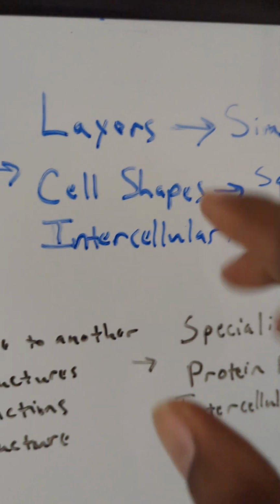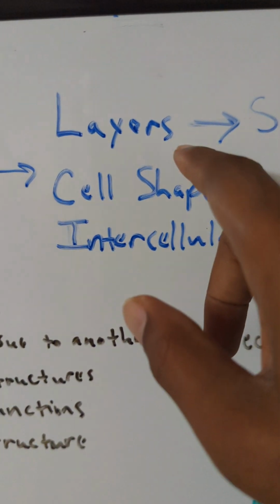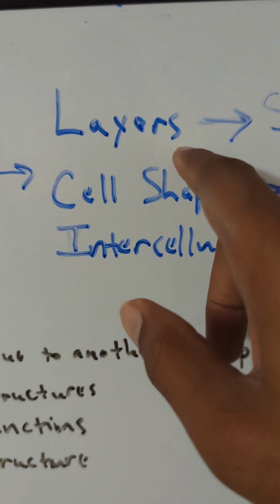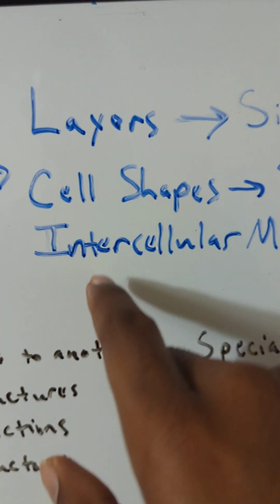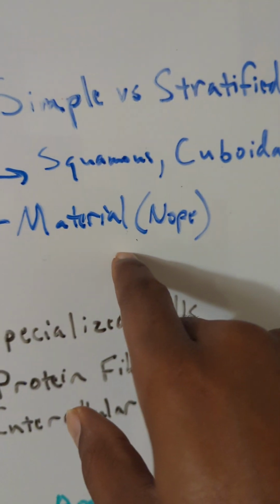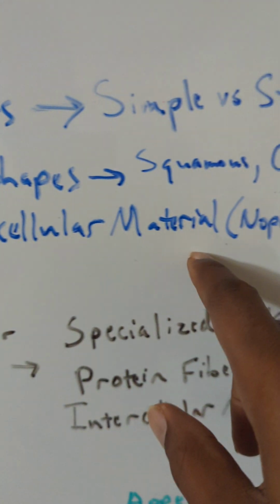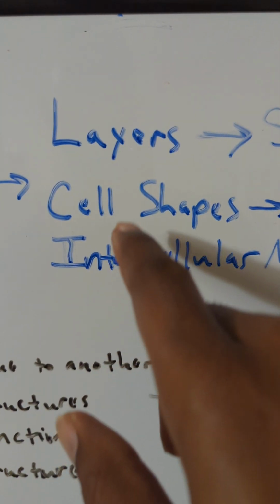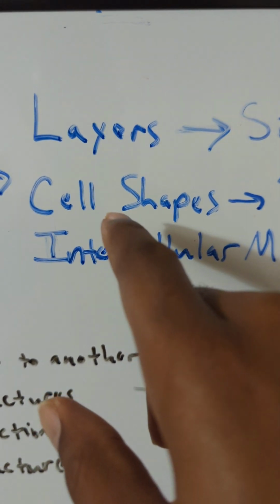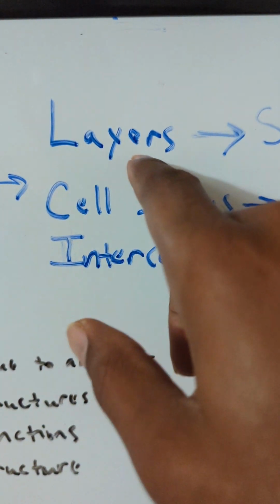And when you break down epithelial tissue, you'll find that it always comes in layers, and that it has specific shapes to its cells, and that the intercellular material in between the cells is little to none. So you're talking about basically a bunch of bricks that have different shapes, and they come in layers.